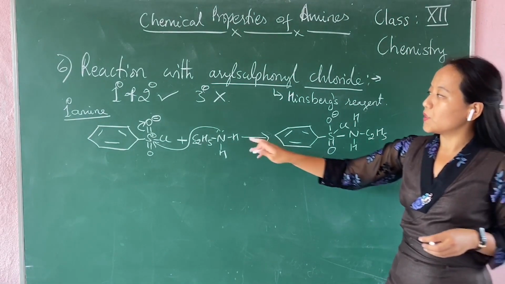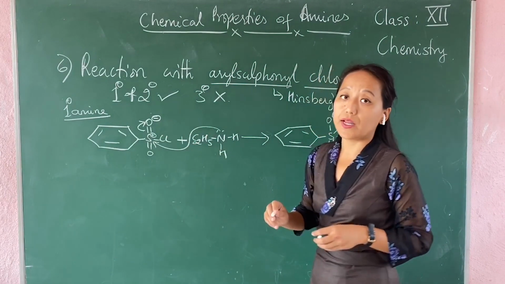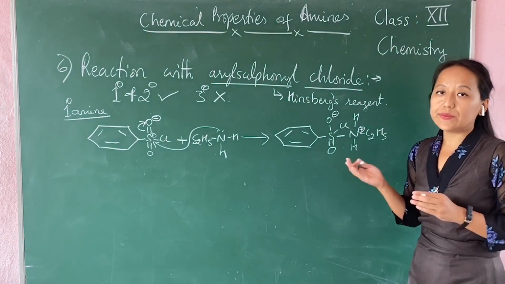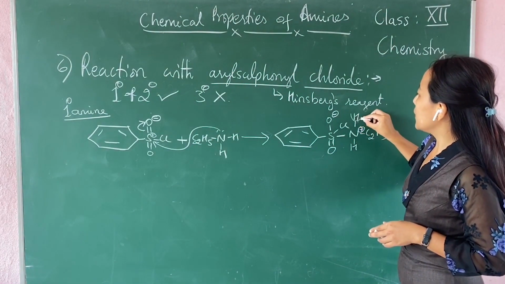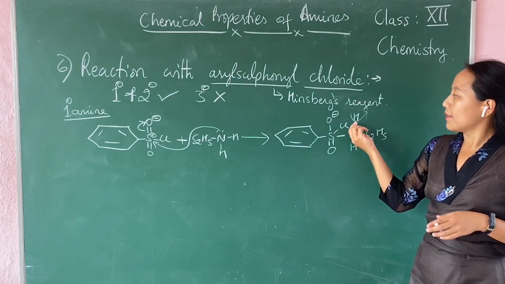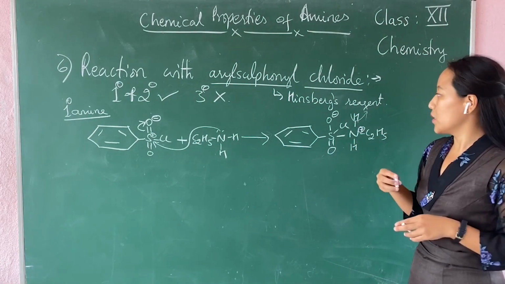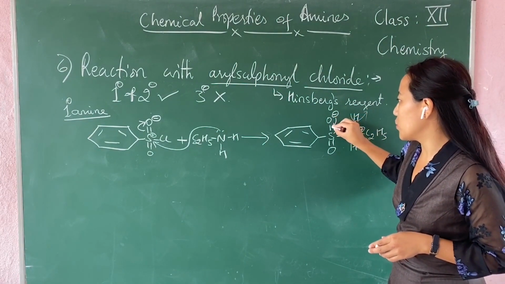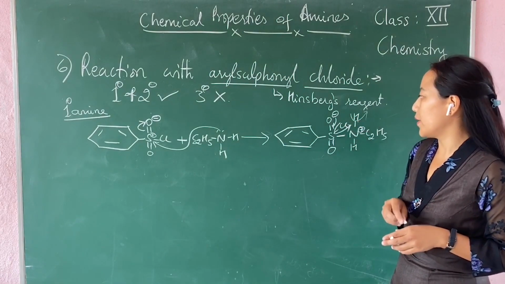Since nitrogen is losing its lone pair of electrons in forming bonds with this sulfur atom, it will have a positive charge. Now in order to stabilize the positive charge on the nitrogen atom, this hydrogen will leave in the form of H+, and these bonded electrons will sit back in the form of a lone pair of electrons. And this negative charge will come and form a bond over here, and this chlorine will leave in the form of Cl-.